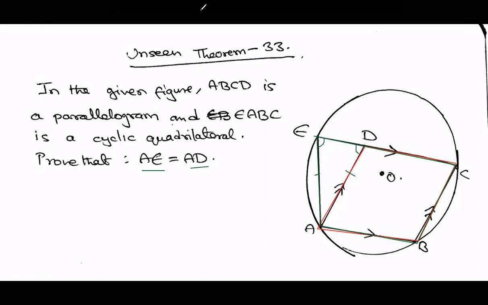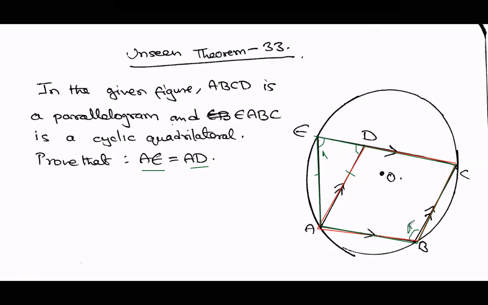First of all, let me remind you that in a cyclic quadrilateral, the opposite angles, if we add this angle plus this angle, suppose let me write A and this is A, when we talk about the cyclic quadrilateral, this angle and this angle, if we add them, the sum is going to be equal to 180 degrees. Now next one.